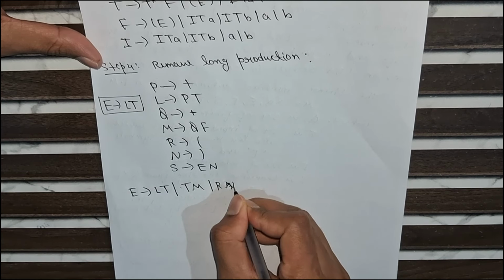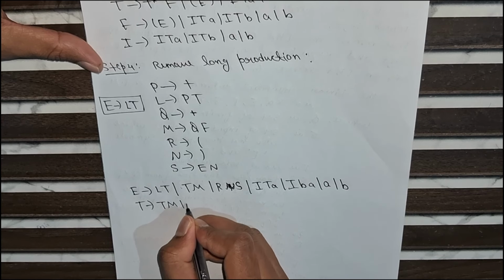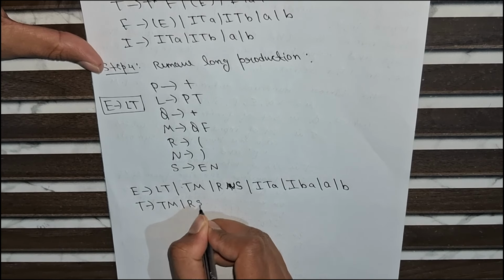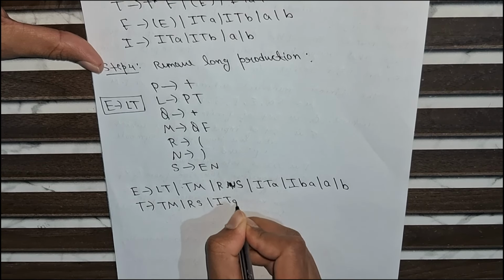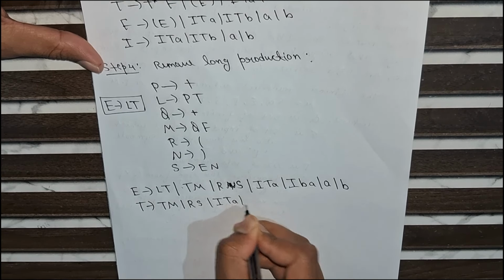Now the rest is the same, because this is fulfilling the Chomsky normal form condition. Two different variables are here and a single terminal is there. Now for the rest I am doing this. It will be TM and the rest is the same: RS, ITA, IBA, a and b.